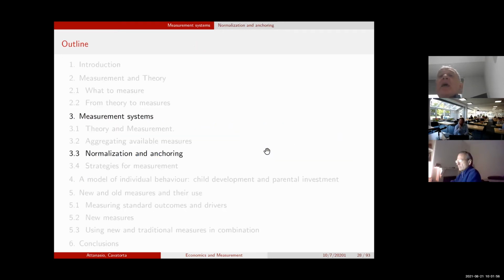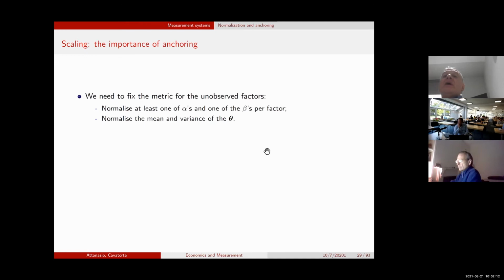A big issue, which Jim was talking quite a bit about in his presentation the other day, and we'll probably talk again about, is normalization and anchoring. You have an unobserved factor, which is theta. You need to normalize at least one of the alphas and one of the betas, which means that you need to choose the metric that you use.